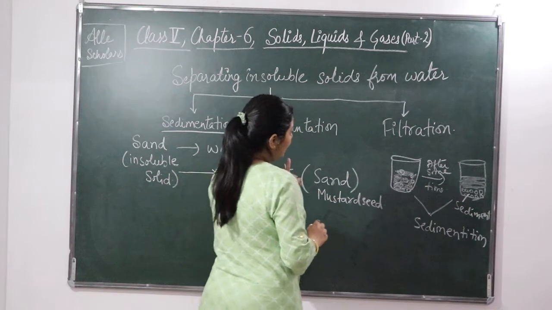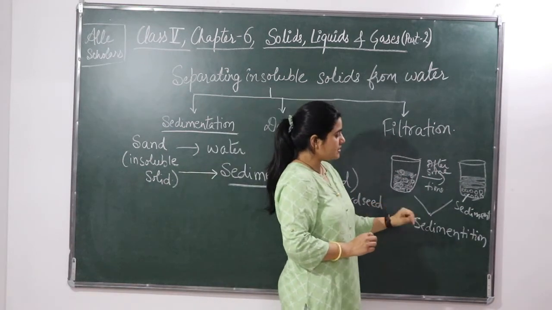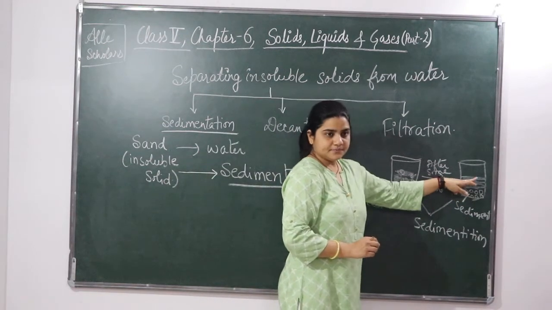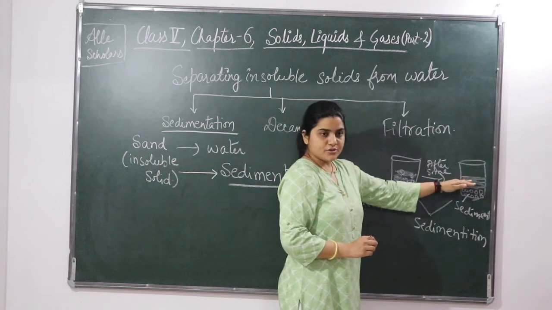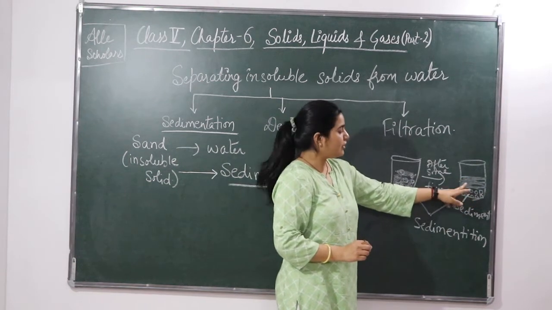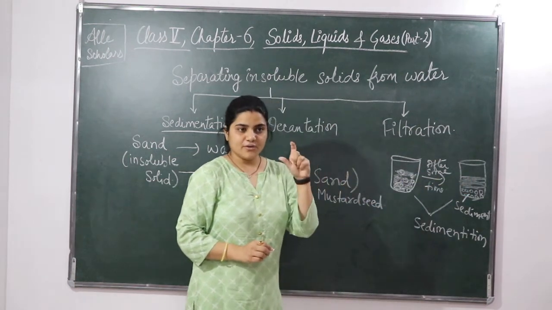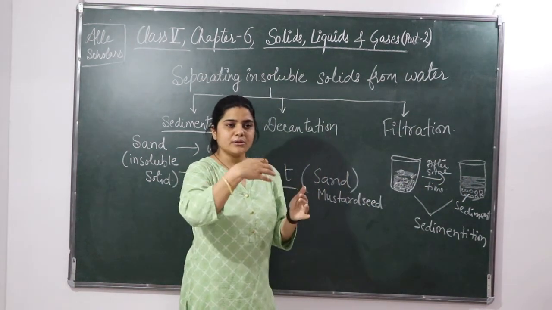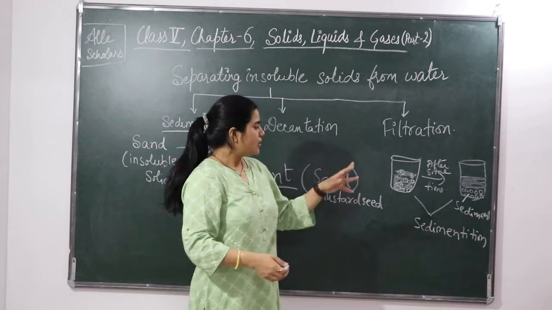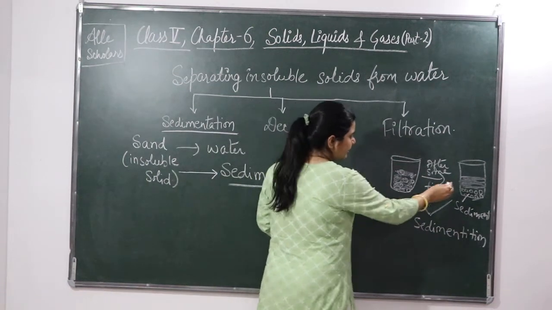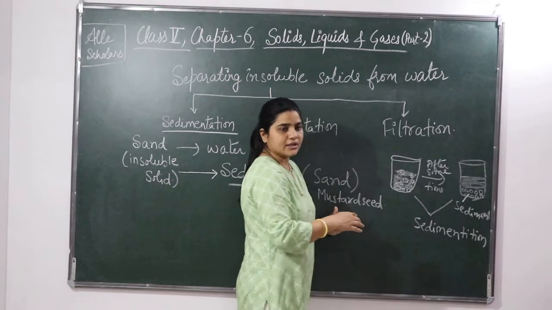Now there is this top layer. The top layer is water, the bottom is sand. Now we need to take this top layer, the water, the solvent, into some other container. We can take a container and pour this water into it.